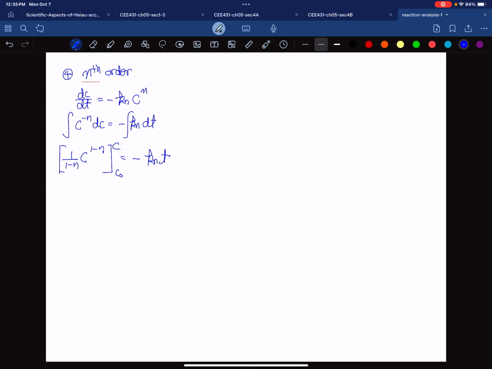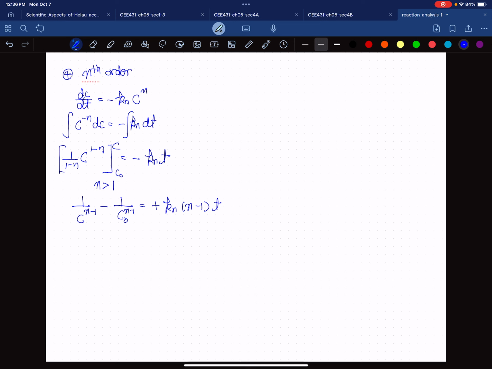Okay. So assume that n is greater than 1. Then you could say your left hand side would be 1 over C to the n minus 1, minus 1 over C naught to the n minus 1, equals positive kn times n minus 1 times t.